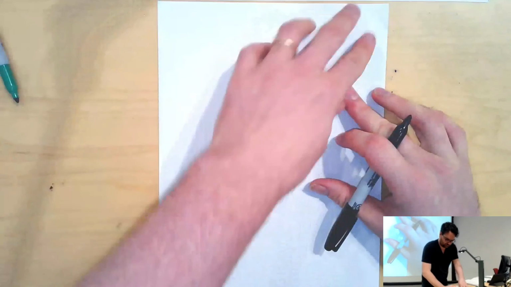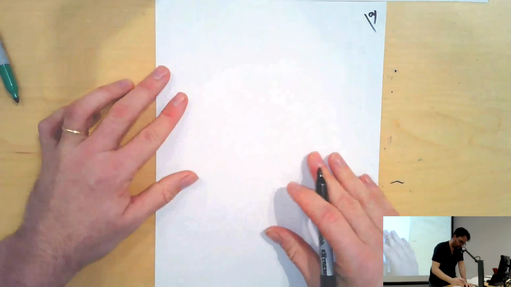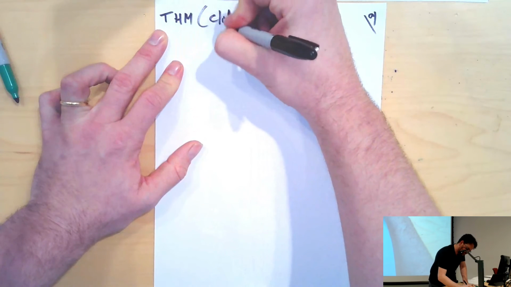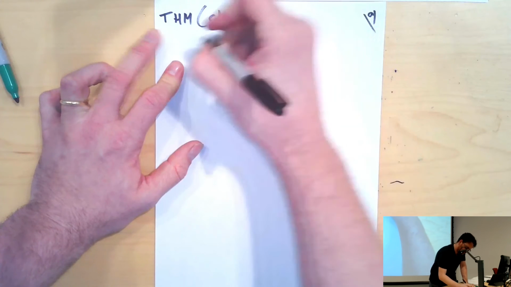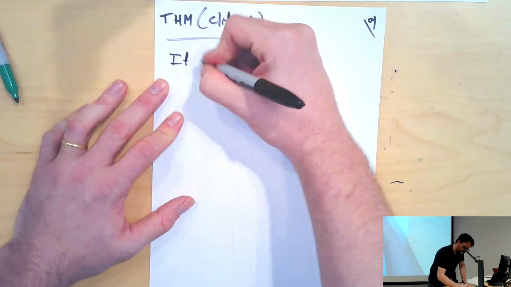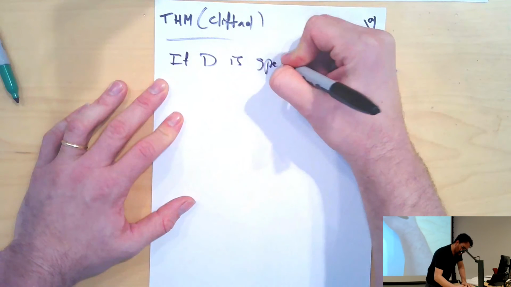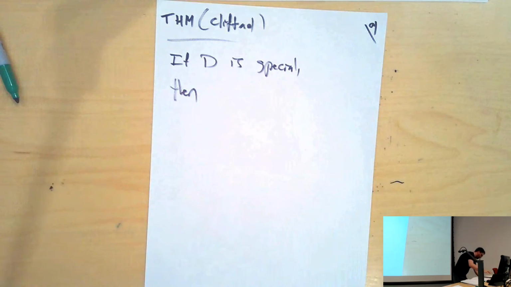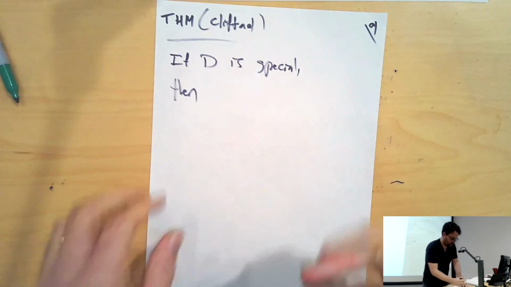And then Clifford's theorem is that if D is special, then, let's try it again.